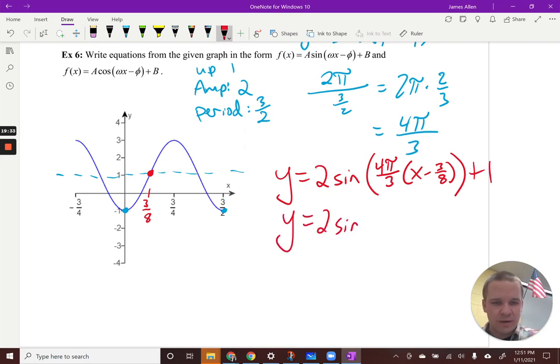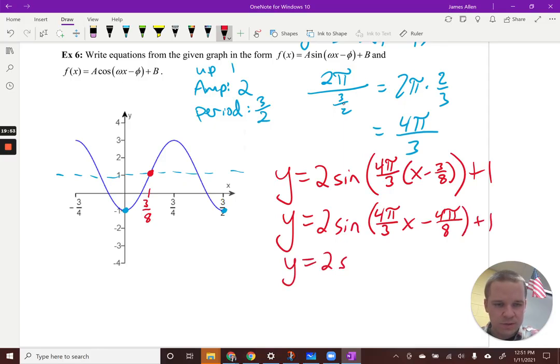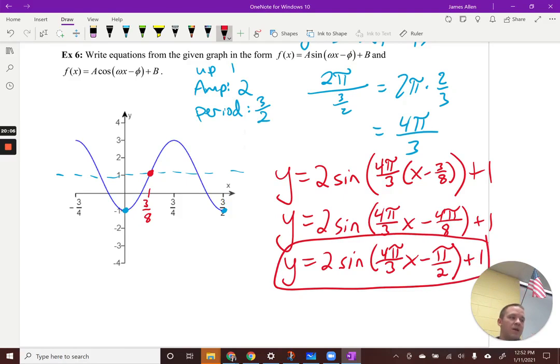So y equals 2 sine 4 pi over 3 times x. And when I distribute, those 3's would cancel out, those 2's would cancel, and I'd be left with 4 pi over 8, and I can simplify that even further. 2 sine 4 pi divided by 3 x minus pi over 2 plus 1. So there is my sine function.